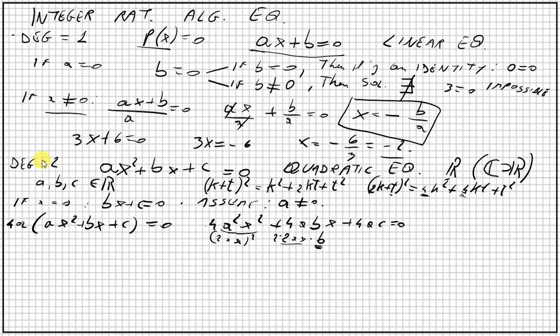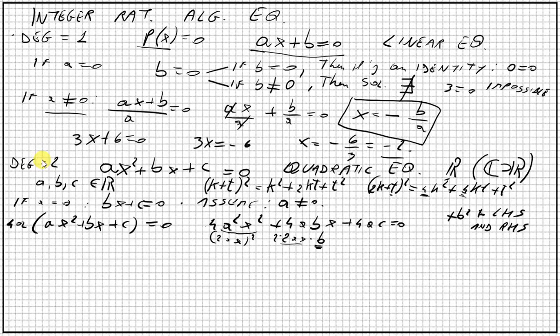I can only do it in one of two ways. Either I add it to the left-hand side, but also to the right-hand side, or I add it to the left-hand side and I also subtract it from the left-hand side. Let's say I will add plus b squared to the left-hand side and the right-hand side of this equation.